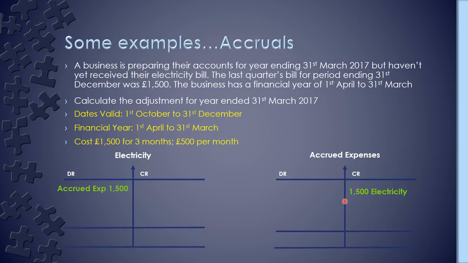So let's have a look at where the accounts then end so that we can transfer it to our financial statements. So accrued expenses will obviously balance off at £1,500. So our balancing figure is going to be £1,500, which goes over to the statement of profit and loss. It would be debited into the statement of profit and loss as the adjustment.